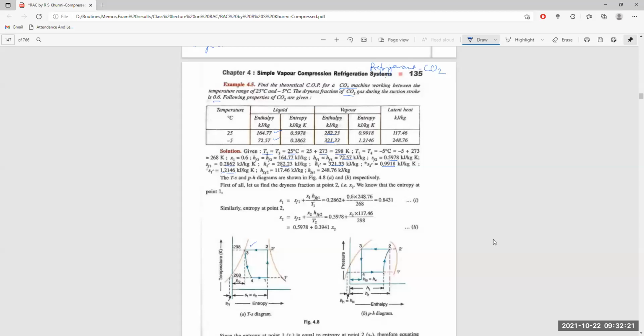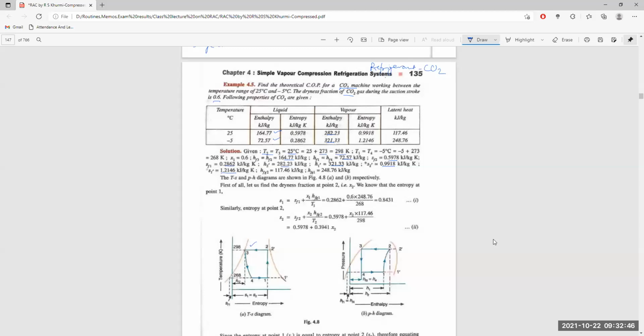Now, as per our TS diagram and our pH diagram, we put this cycle operation like this. 1 to 2 is the compression process, 2 to 3 condensation, 3 to 4 expansion, and 4 to 1 evaporation. The same is the case here.